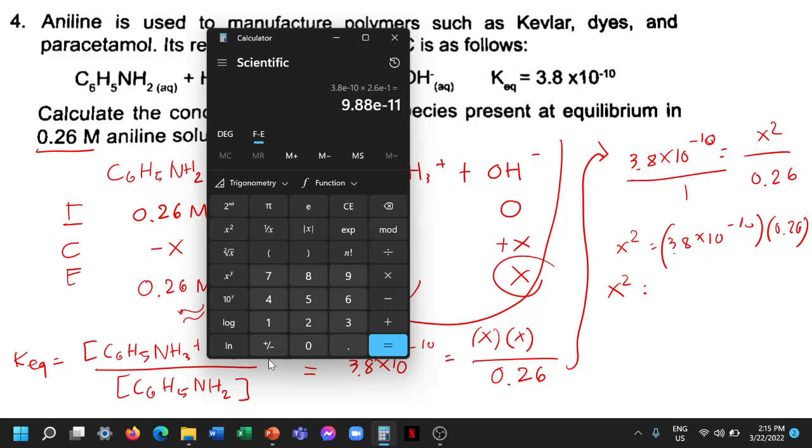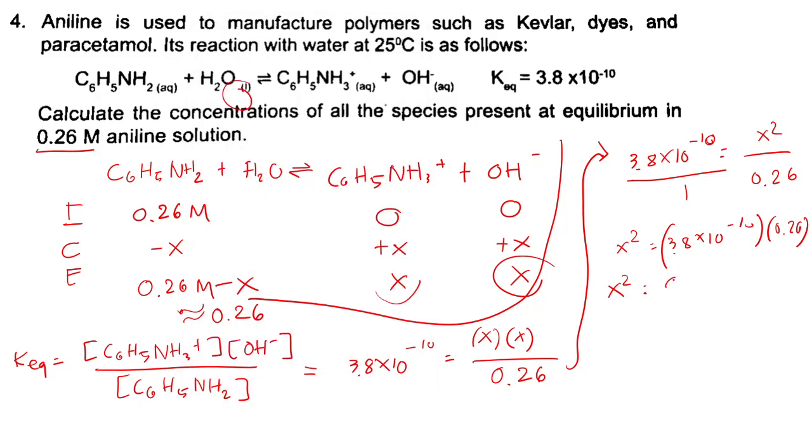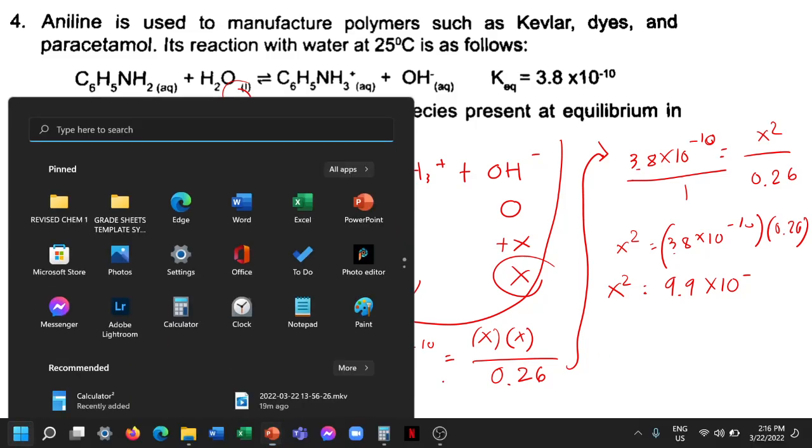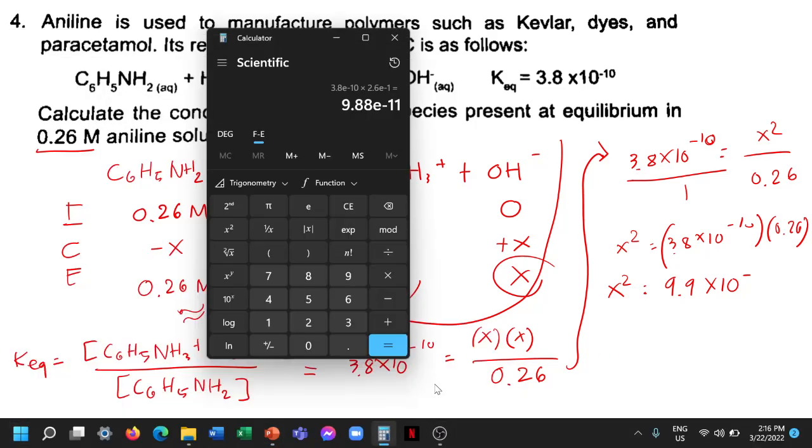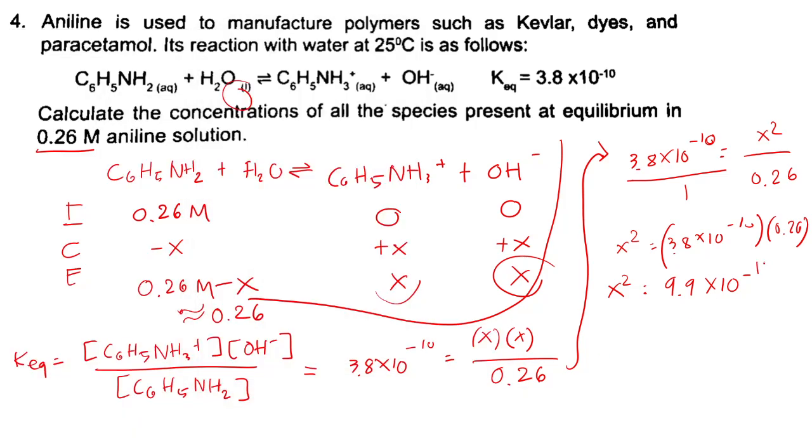That's equal to 9.88 times 10 to the power of negative 11. Let's make it 9.9 times 10 to the power of negative 11.